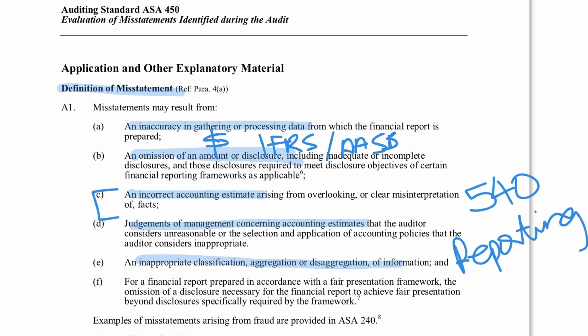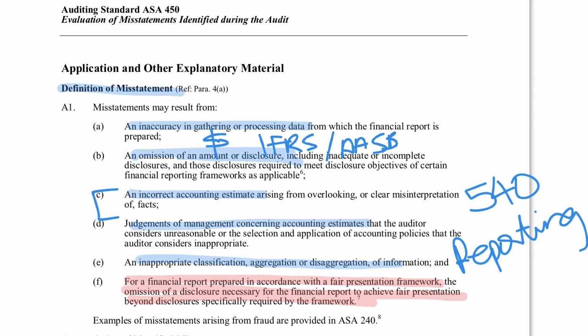And then the last one, which is a little bit unusual: for a financial report prepared in accordance with the framework, the omission of a disclosure necessary for the financial report to achieve fair presentation beyond disclosures specifically required. So that means sometimes you might have to go against the standard to make it true and fair.